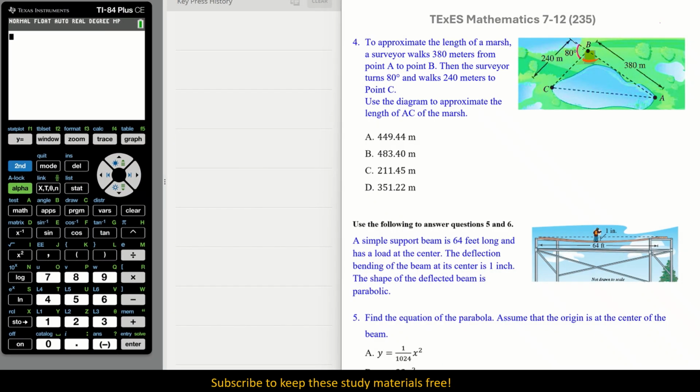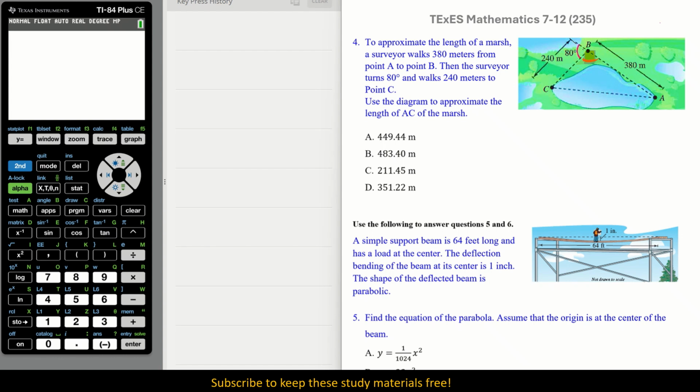Number 4. To approximate the length of a marsh, a surveyor walks 380 meters from point A to point B. Okay, so he's going from A to B. Okay, that makes sense, right?